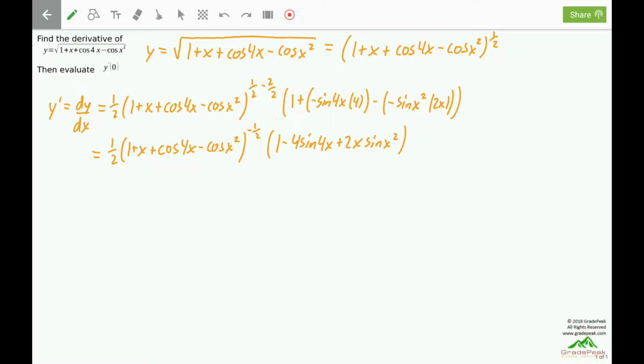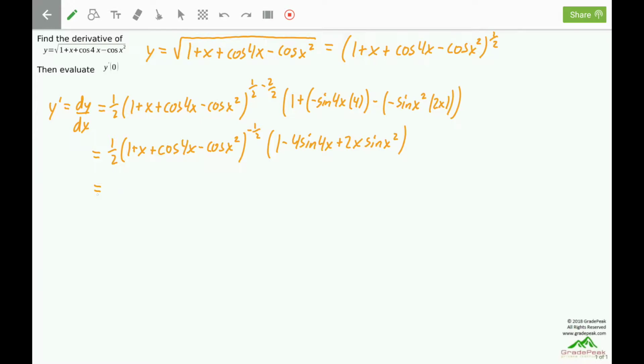That negative exponent is going to move to the denominator. So all of this will move to the denominator. That means it's going to move down there with the 2. All of this will stay in the numerator, and it will multiply the 1 that's in the numerator of the 1/2.